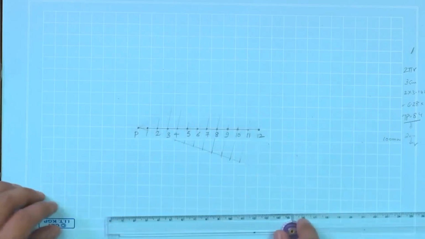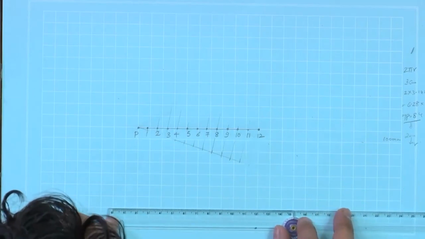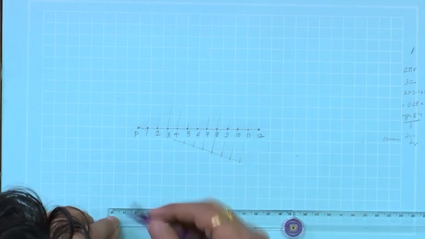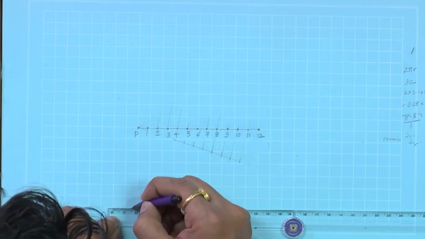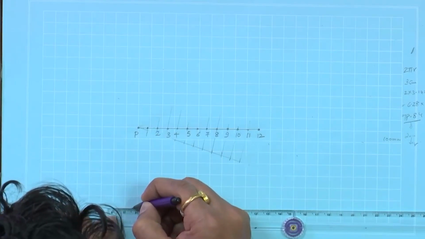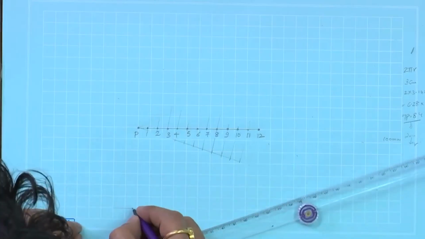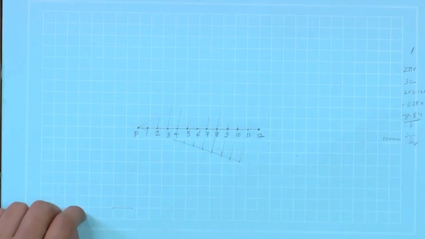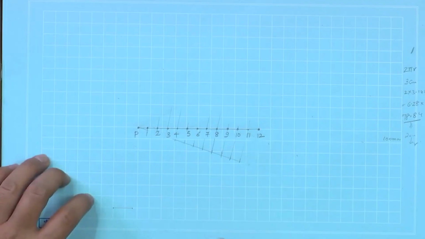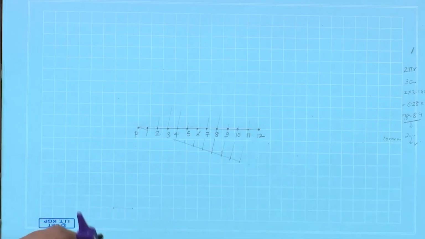So, let us first of all mark 15 to 16 mm. The least count we can have is 16 mm in this case. Otherwise, we can take a bigger circle, so that we increase the least count and the length also increases.